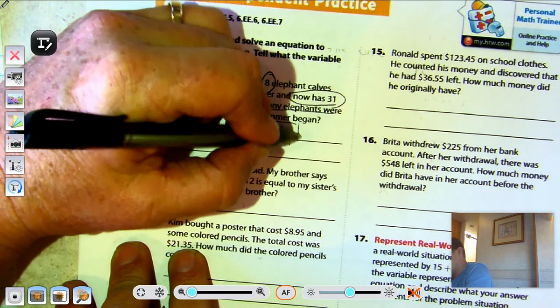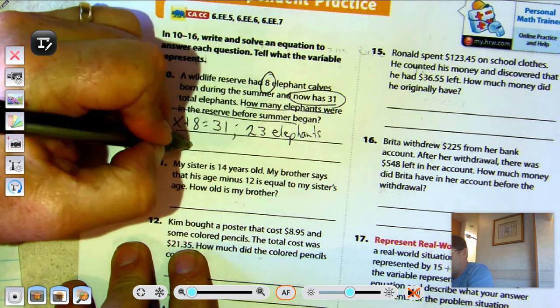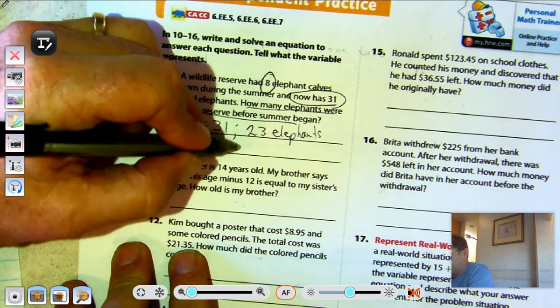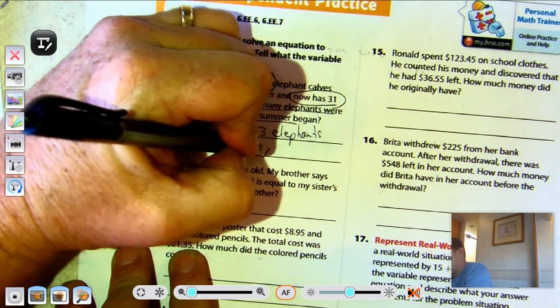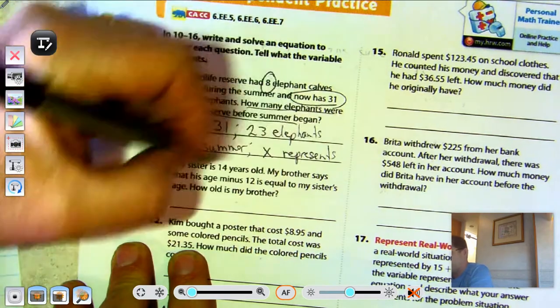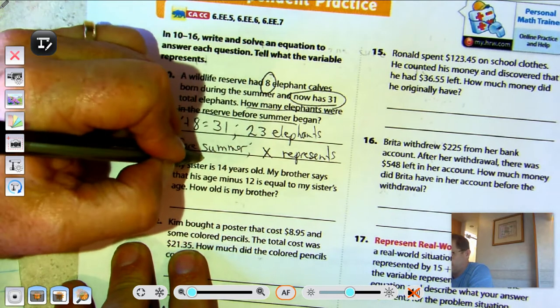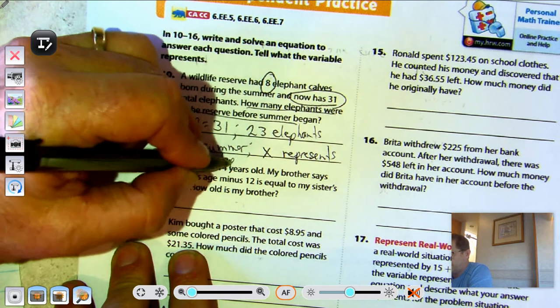So 23 elephants before summer. X represents the number of elephants before the summer.